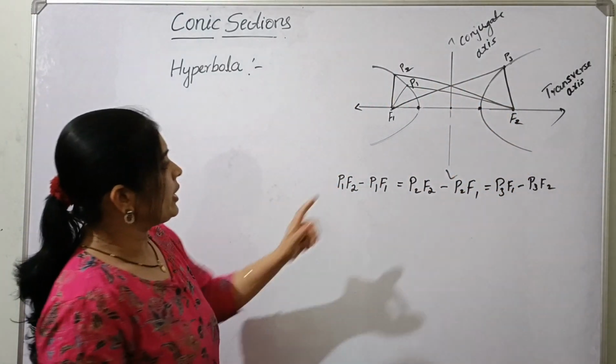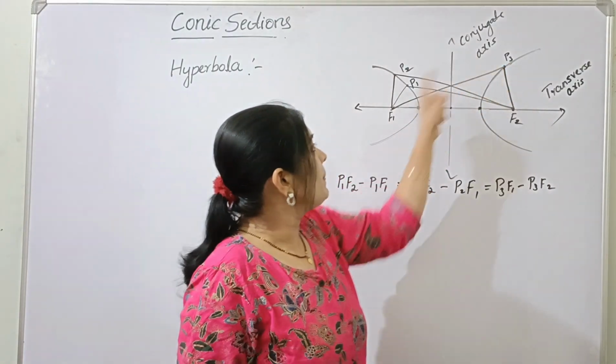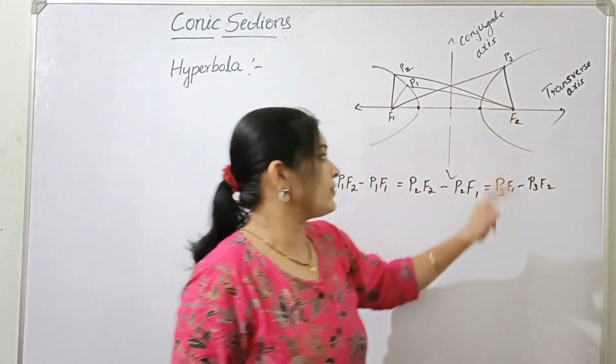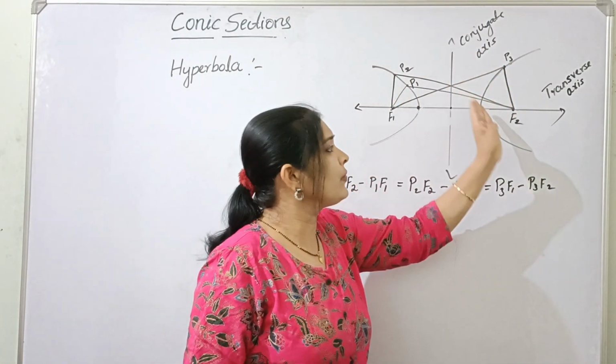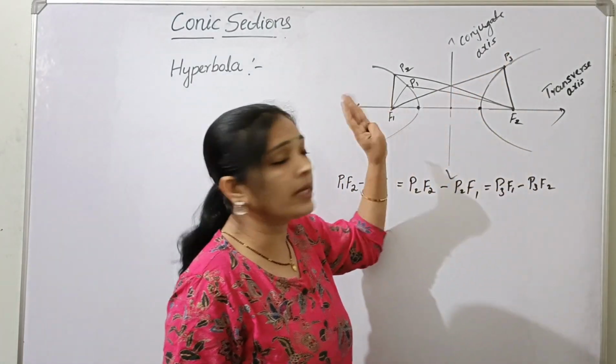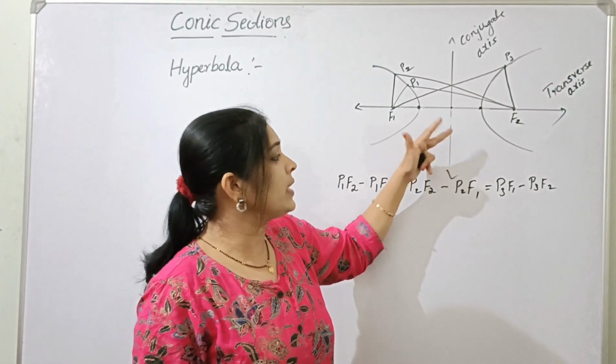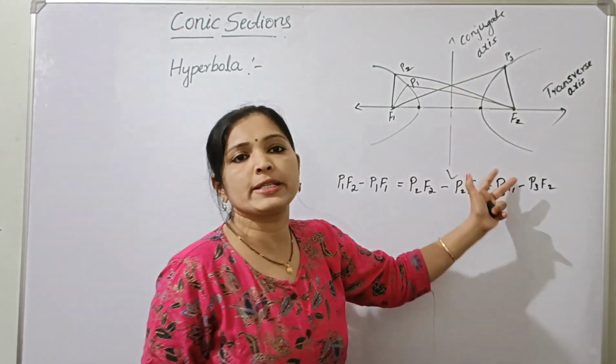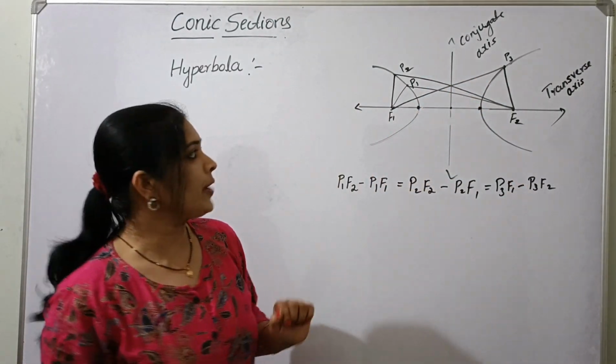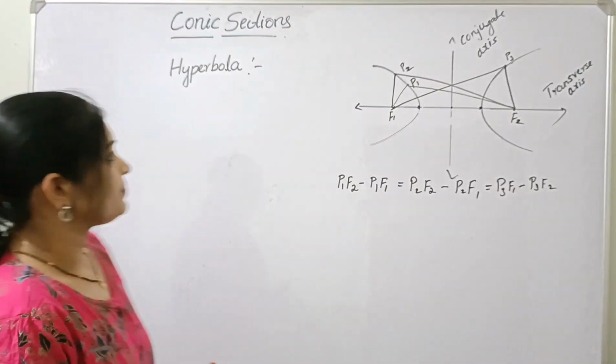Next, P3F1 minus P3F2. We can take many points on the hyperbola, and all the points on the hyperbola satisfy this. So this is the definition.